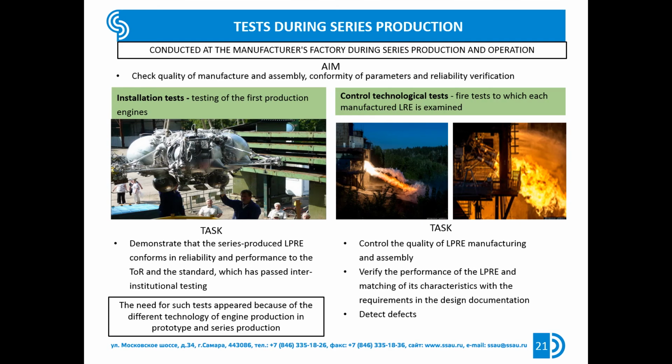Their purpose is to control the quality of fabrication and assembly of a specific LPRE, verify its performance, its compliance with the requirements set forth in the design documentation, and the possibility of submitting the LPRE for operation or other tests. If the LPRE is disassembled after control and technological tests, its defect analysis is an additional means of control, which makes it possible to identify latent and undeveloped defects.